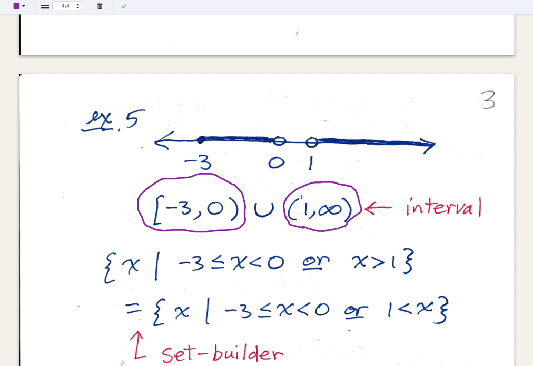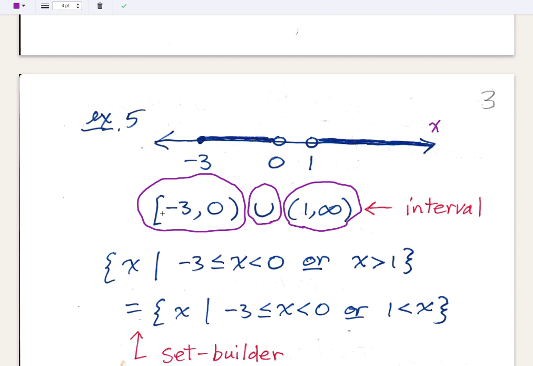Now, I want to put these together in a single set, because this is maybe the solution of some problem. It's the set of all values of x that lie in this set here. I want to throw them together in one set, and so I use this operation here. I just indicate that by putting this U symbol here, and the word is union.